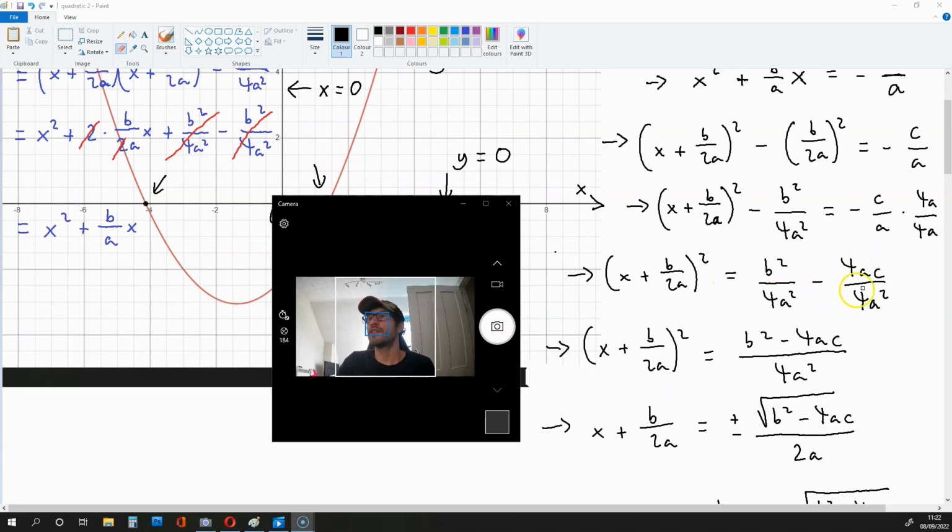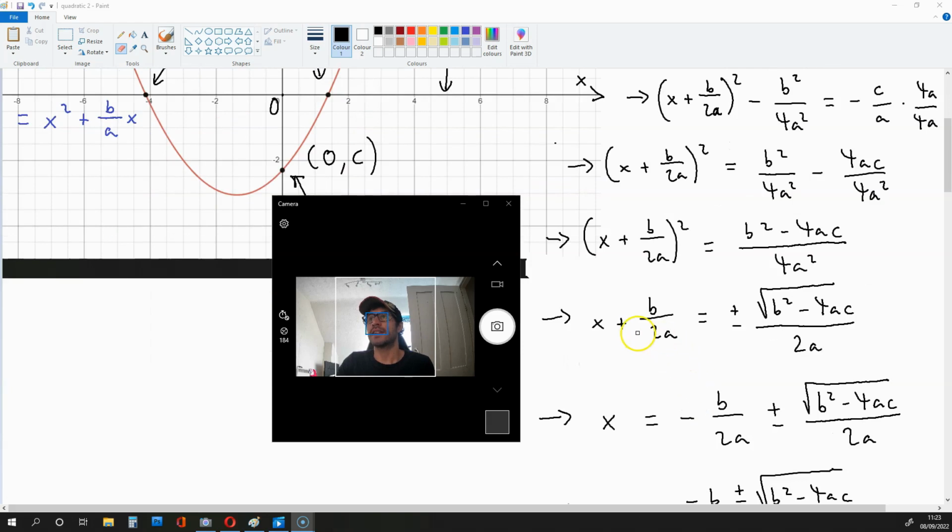Now that these fractions have the same denominator, we can say x plus b over 2a, squared, is equal to b squared minus 4ac over 4a squared. And from here, we take the square root of both sides of the equation, and we get x plus b over 2a is equal to plus or minus the square root of b squared minus 4ac over 2a.